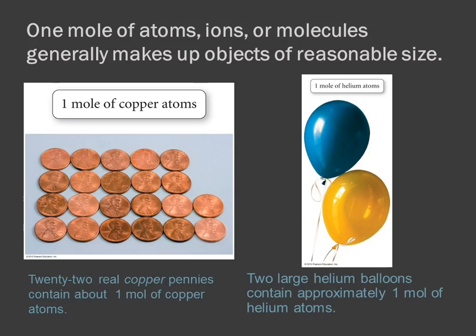So 1 mole of atoms, ions, or molecules is going to be a reasonable amount of atoms, molecules, or ions. So here in this picture we have 22 real copper pennies. Those are the ones made before 1982 that are actually copper all the way through. That represents about 1 mole of copper atoms. So this is an amount of atoms that you can deal with.